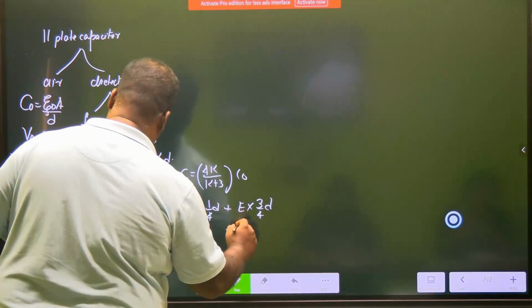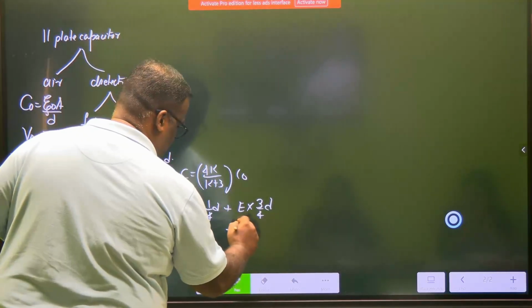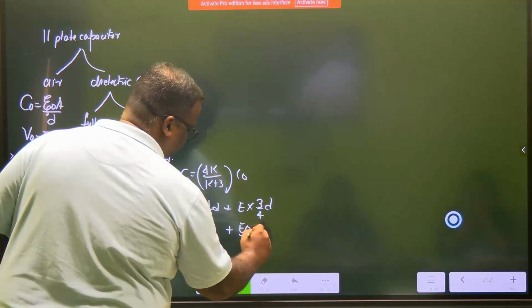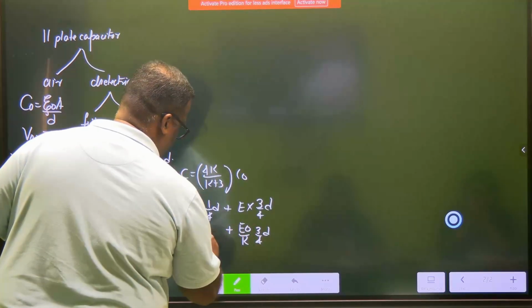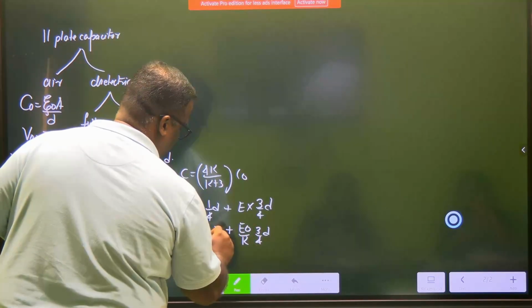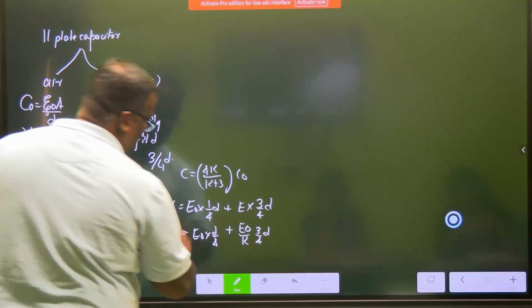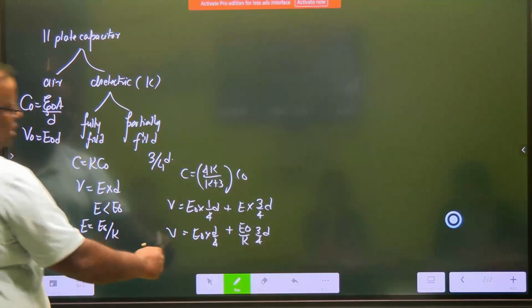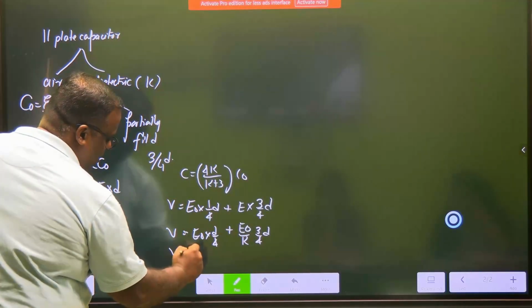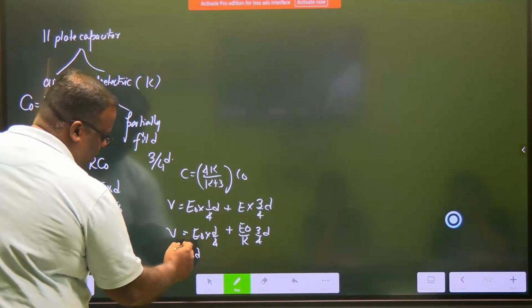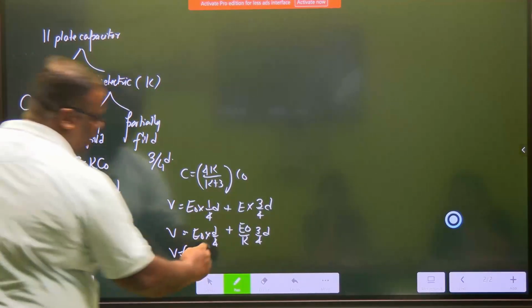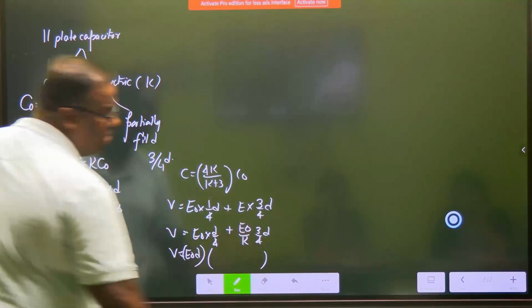This is E naught upon K, and then you take out E naught and D outside. So this is basically your V naught and you have these two. Now I think you know how to do it.